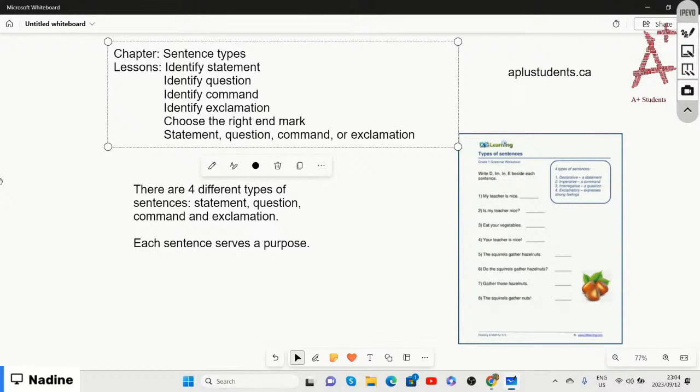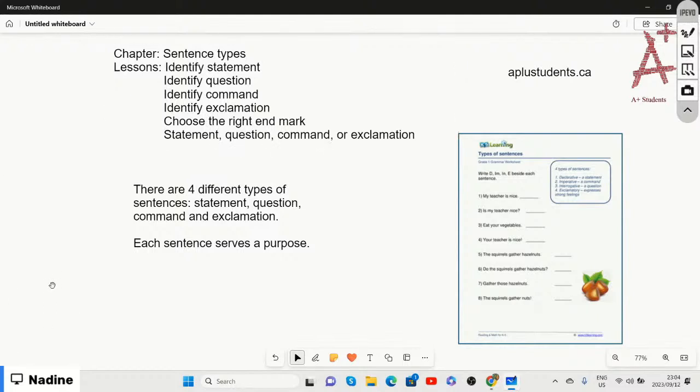The first lesson is to identify a statement, then we're going to identify a question, identify a command, identify an exclamation, then choose the right end mark, and then say if it's a statement, question, command, or an exclamation. So then we're going to have to see which one of those sentences it is.